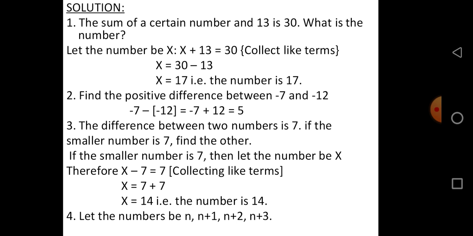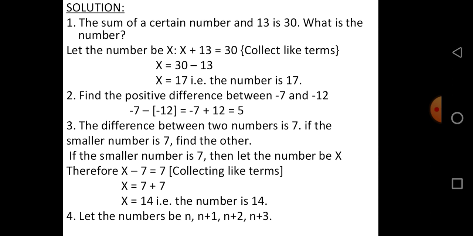Looking at the question, they said the difference. That is, when you subtract two numbers, the answer is 7. We don't know the two numbers, but the smaller number from the two numbers is 7.